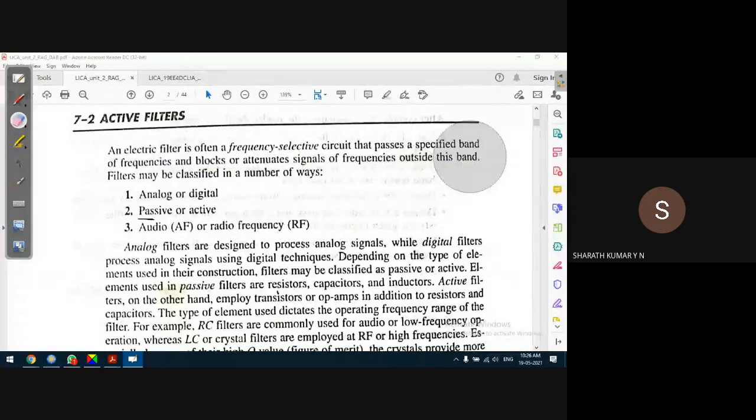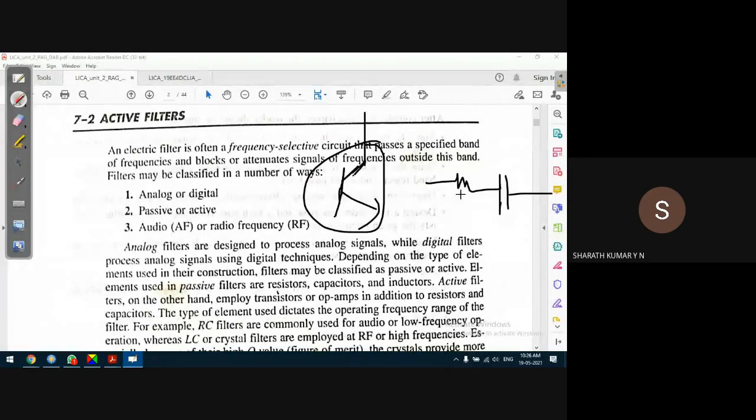What is a passive filter and an active filter? If the filter is made of transistors, which are semiconductor devices, it is called an active filter, because a transistor is an active element. If the filter is made of only resistors and capacitors, then the filter is called a passive filter.